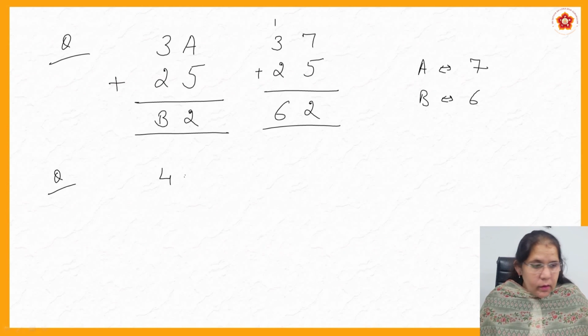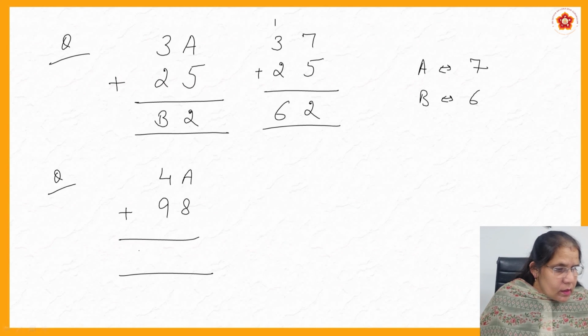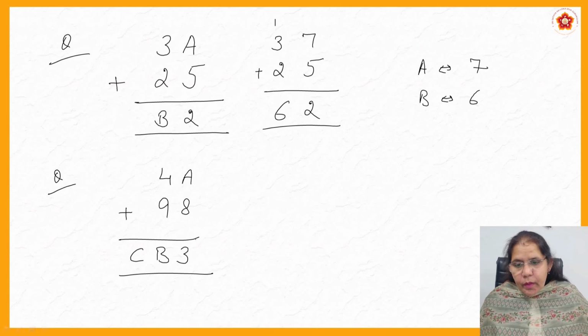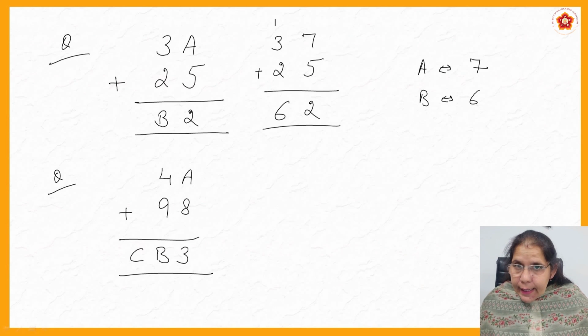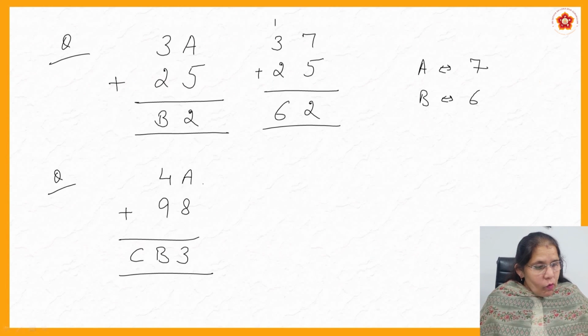Another one, 4A plus 98 gives us CB3. First thing that you will see is A and 8. What should you add to 8 so that you get something that ends with 3? This is quite easy.